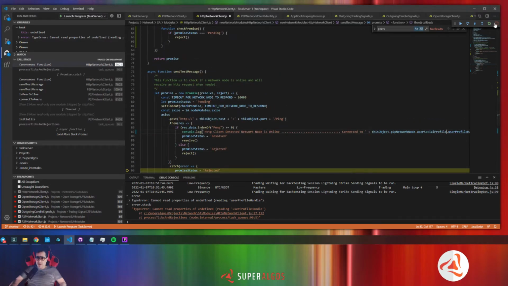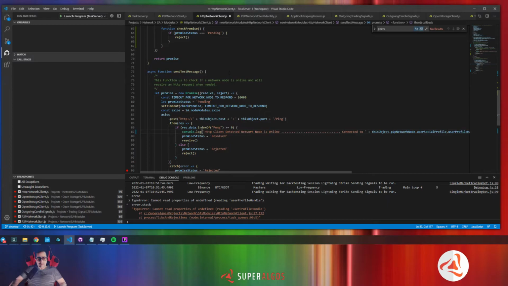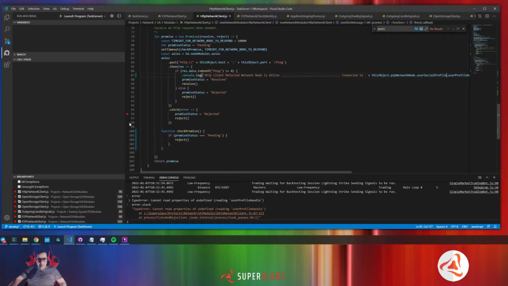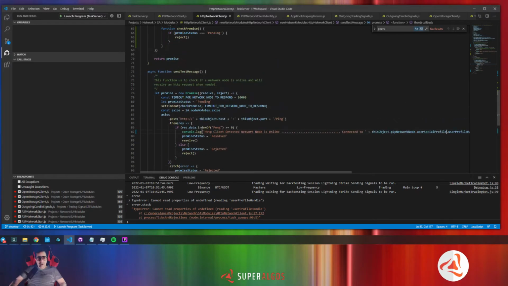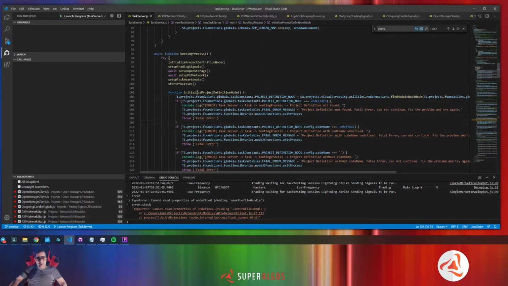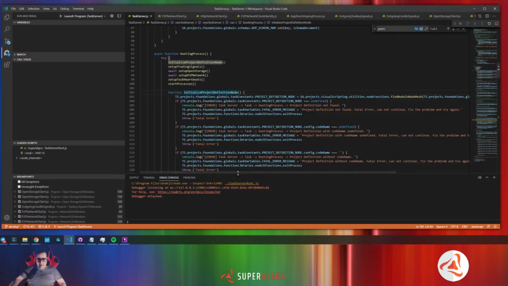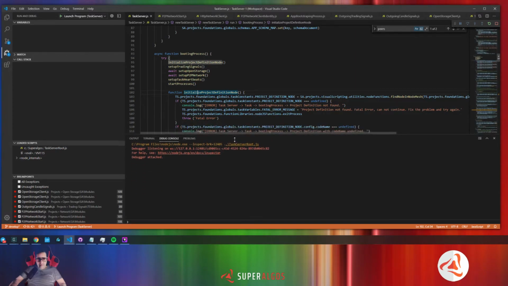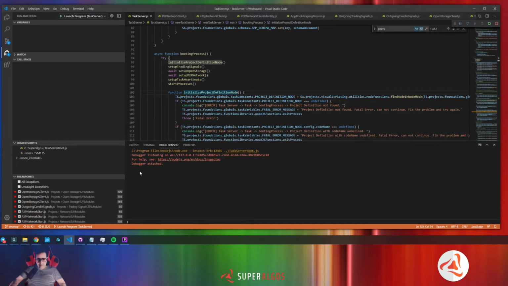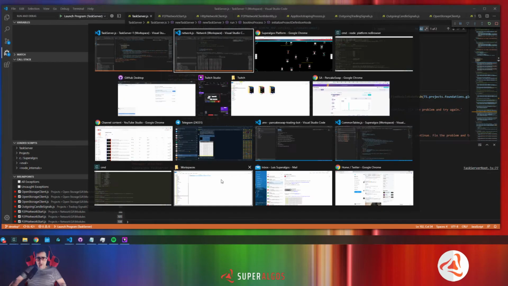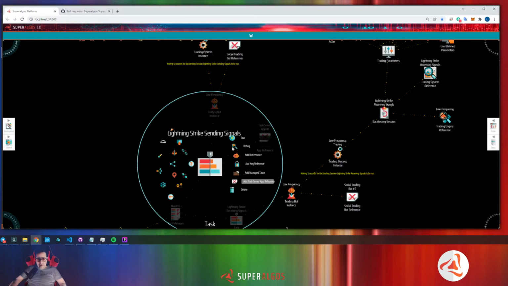Okay, let's try this out again. What a bug. A poorly done refactoring makes you spend an hour later. So let's run this again. Wait for it to be running. Now debug.